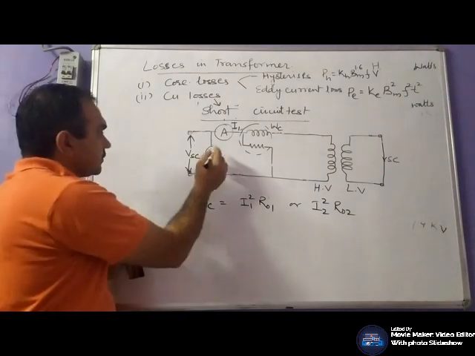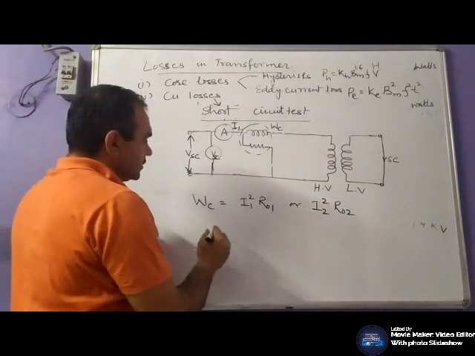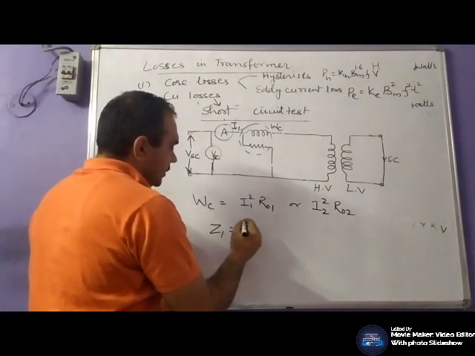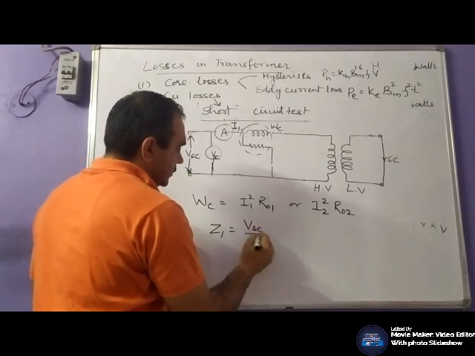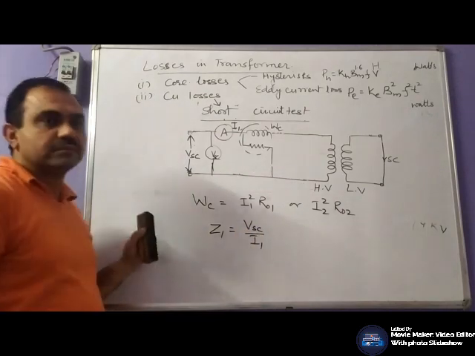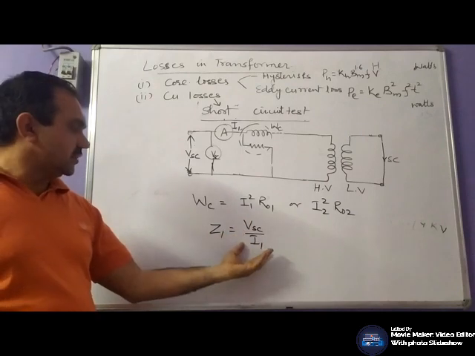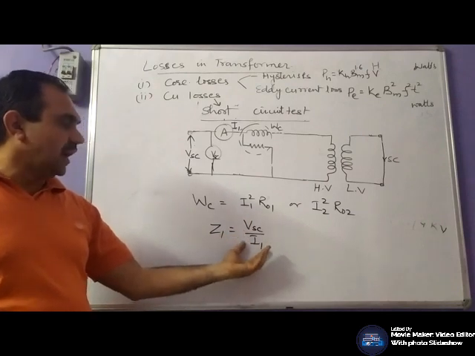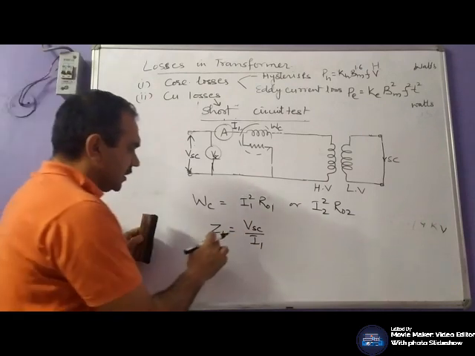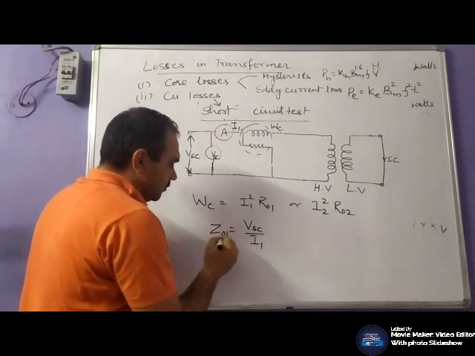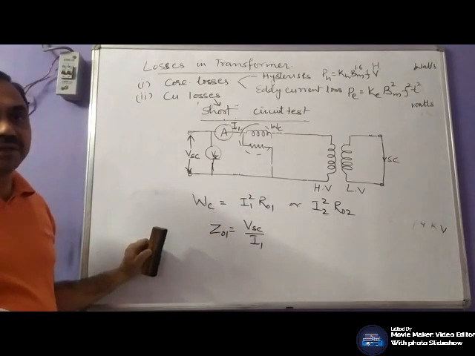Likewise, from these readings, Z1 will be the short circuit voltage divided by I. That will be the equivalent impedance referring to primary.